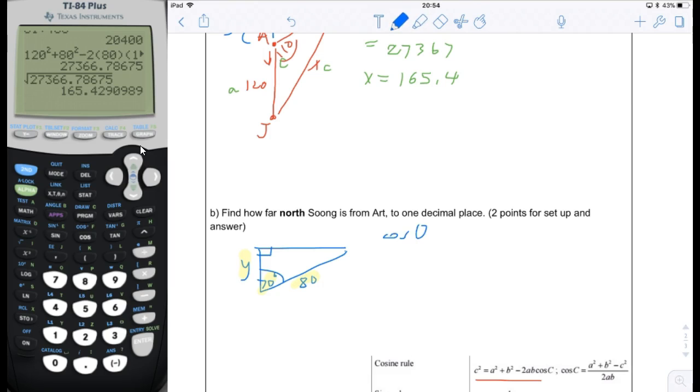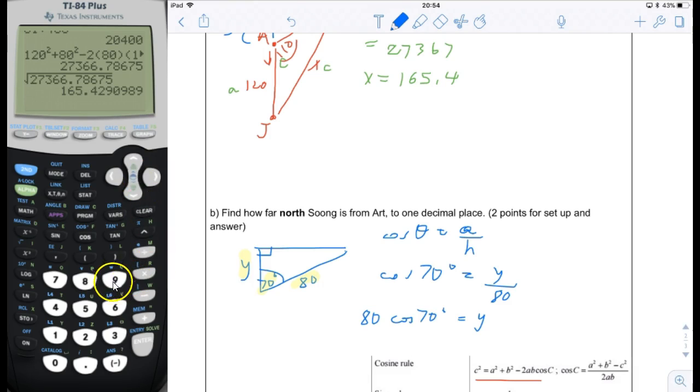So we have the cosine of theta equals the adjacent over the hypotenuse. Our theta here is 70, so cosine of 70 degrees is equal to the adjacent, which is y, divided by the hypotenuse, which is 80. Then we can solve for y by multiplying both sides by 80. 80 times the cosine of 70 degrees.